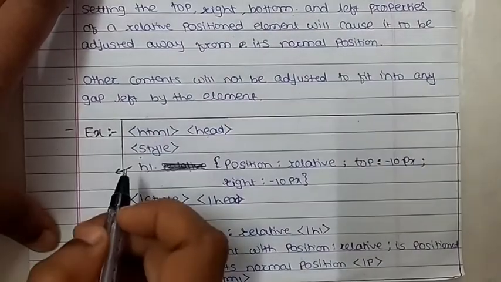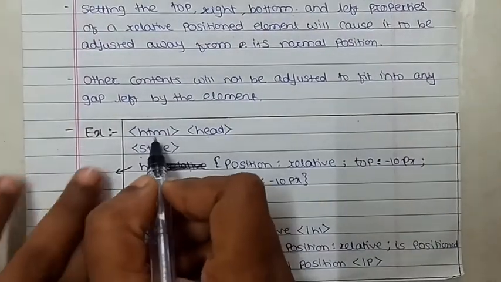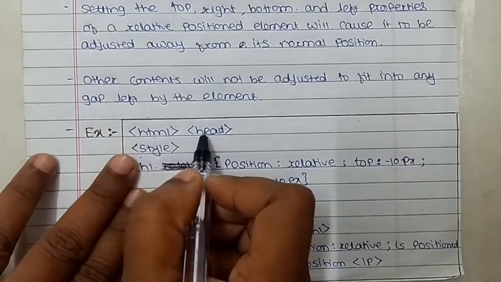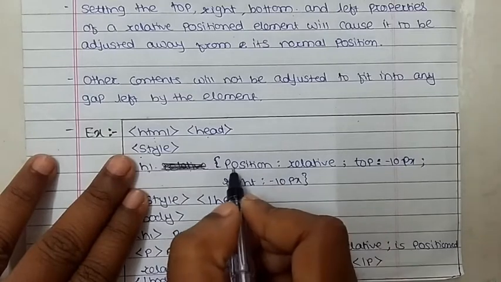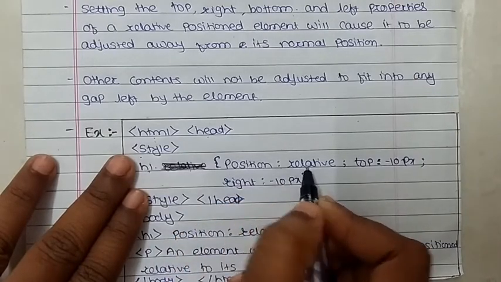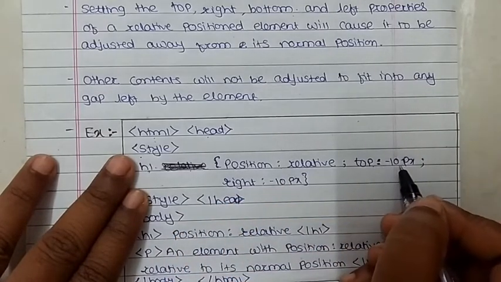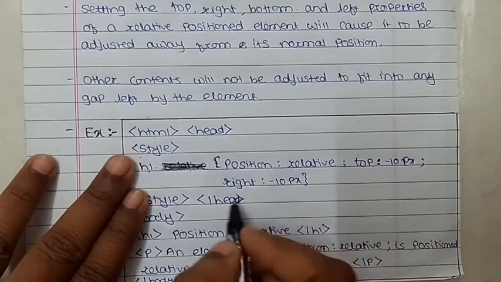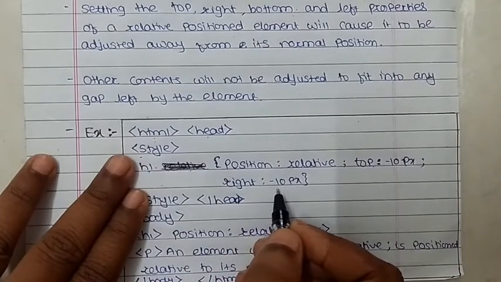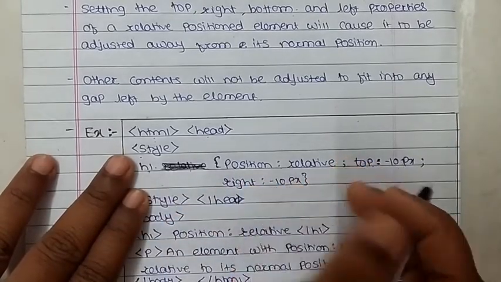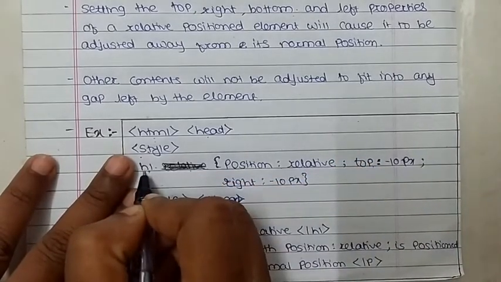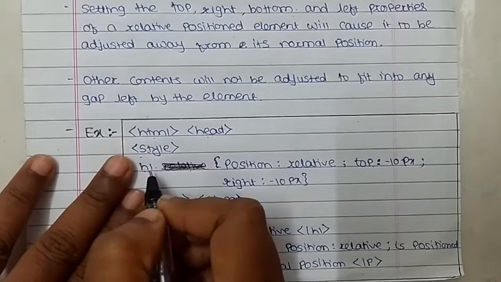Example: first the HTML tag, then head, then style. Then h1, then position is relative, then top minus 10 pixels, and right minus 10 pixels. We apply this relative positioning to only one HTML element, that is h1, heading 1.